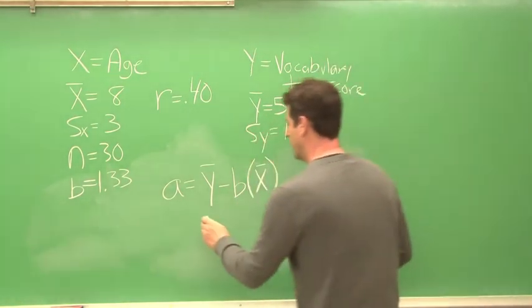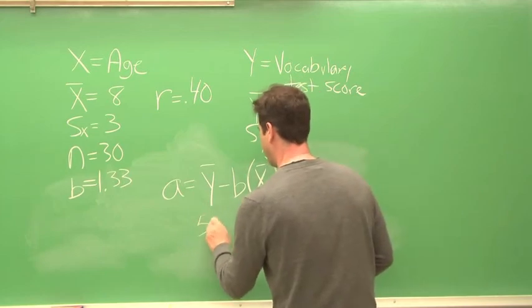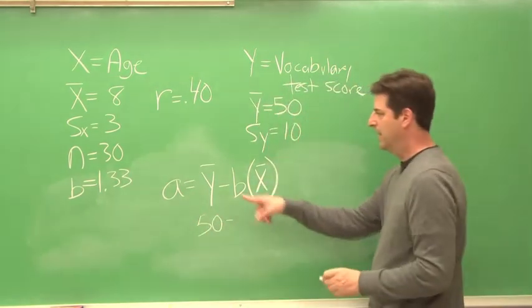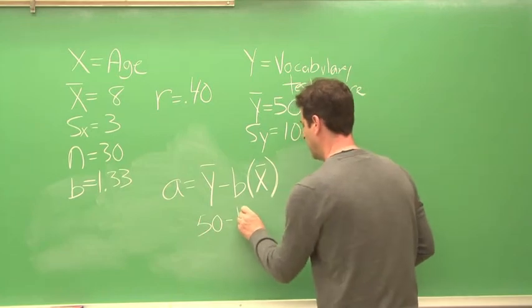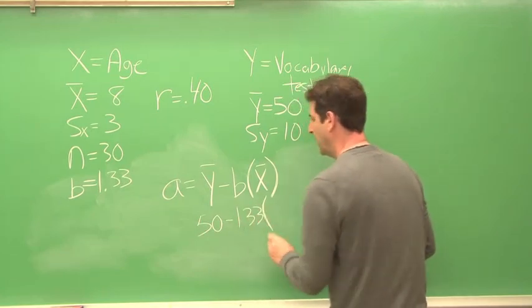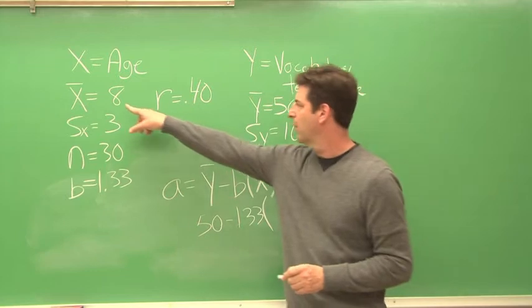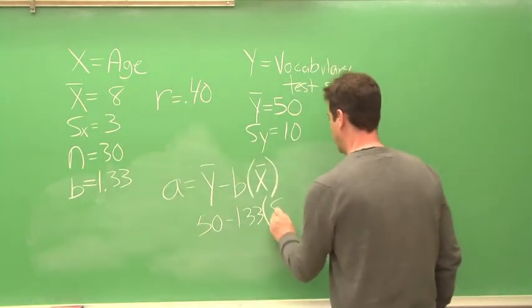Our mean for the y variable is 50. B is 1.33. And our mean for our x variable is 8.